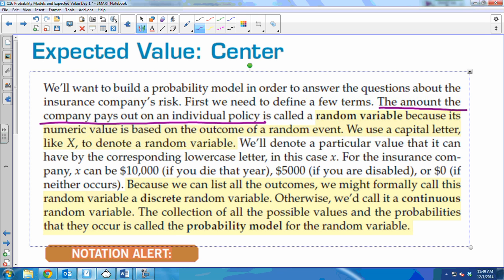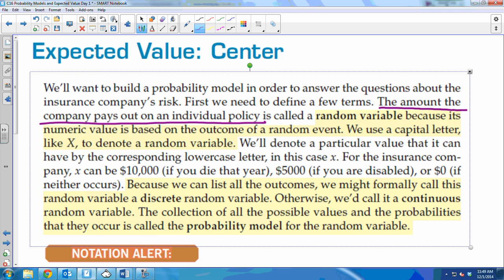Okay? Now this event is called a random variable because its numeric value is based on the outcome of a random event. Being disabled and passing away are generally random events. Okay? We can't predict generally when we're going to pass away, that kind of thing.